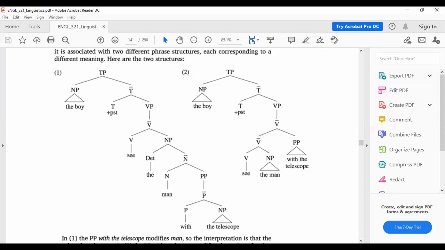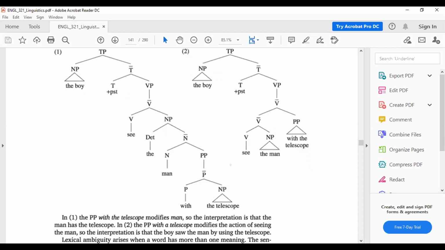So in this case, sorry, I just want to make sure that I said it correctly. In this sentence, the prepositional phrase with the telescope modifies the man. Did I say that it modifies the verb? So this sentence here, are you following?